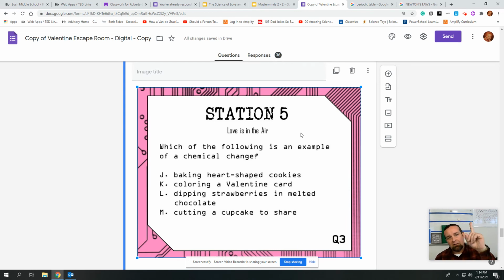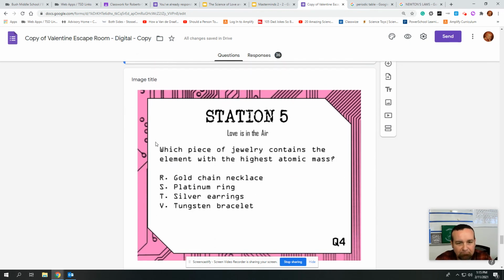So you take milk, eggs, flour, sugar, and you mix it all up, bake it. Now you've got your heart-shaped cookie. Now, can you take the egg out of that cookie? Or the milk? No. So that's our chemical change, is J.